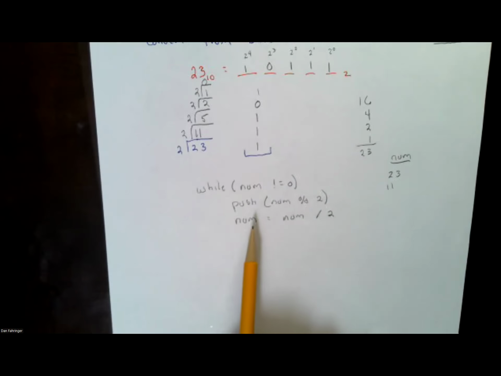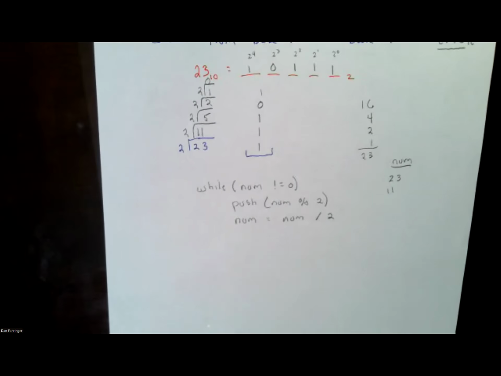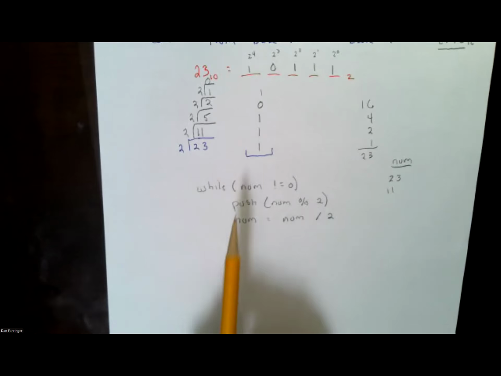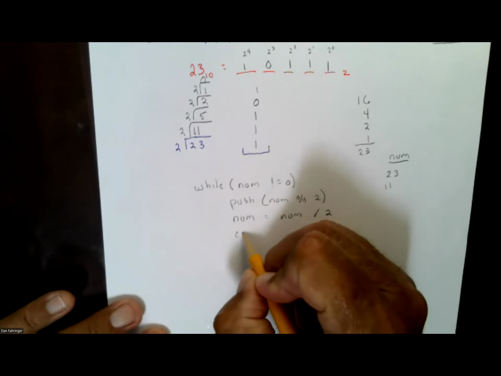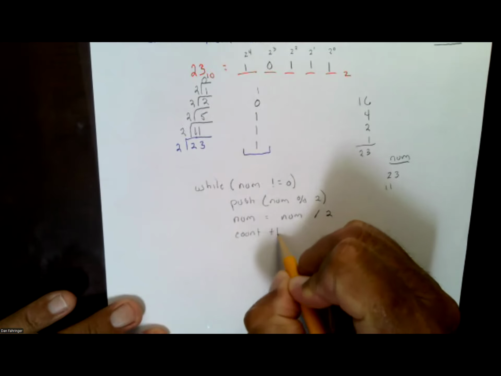Now, what would I do? Well, it looks like I'd do this part and then I would start. How many numbers do I have to pop? We don't exactly know, right? Could we set up a counter? Why not have count plus plus in here?